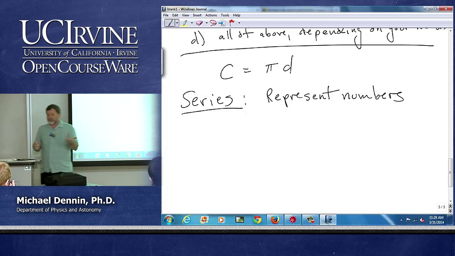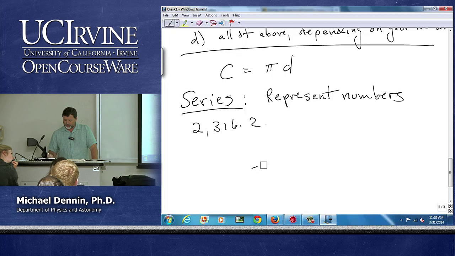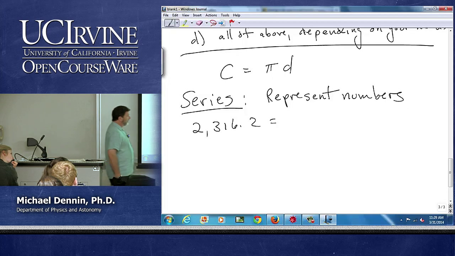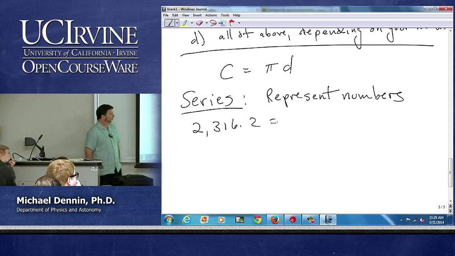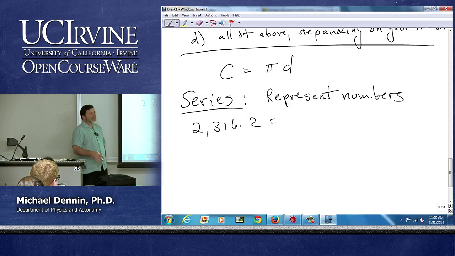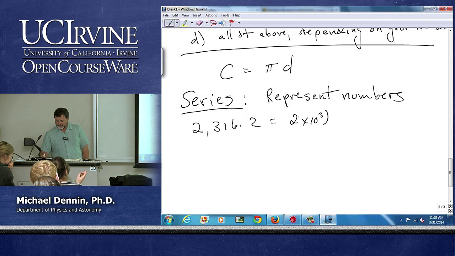But for instance, if I was to take the number 2316.2, how would I write that out in powers of 10? 2,000, yeah, but be fancier. Use exponent notation. 2 times 10 to the third.